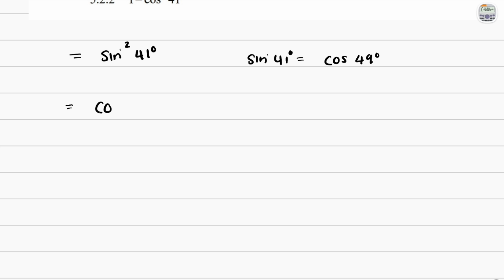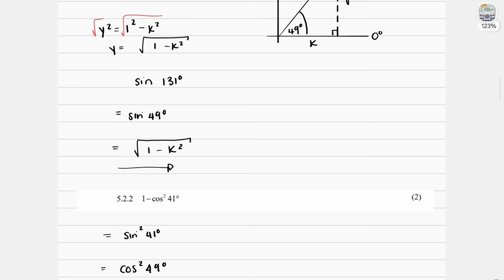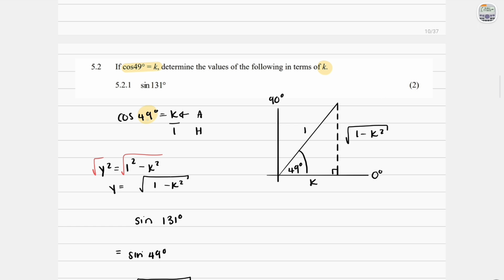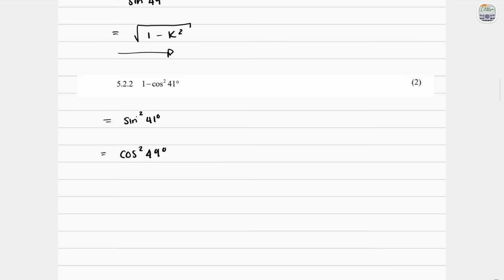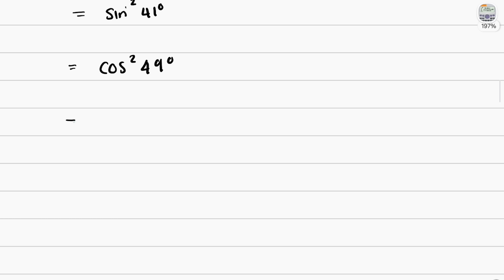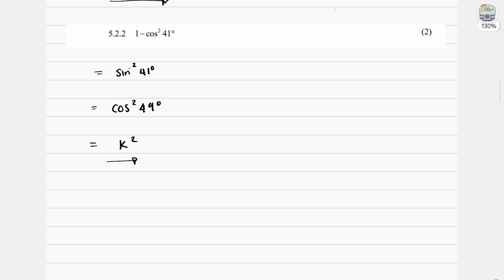So this is simply just cos squared 49 degrees. And so what is cos 49 degrees? We were already told that this is k. So if this is k, then cos squared 49 degrees is simply k squared. And that is our answer. Moving on to the next question.